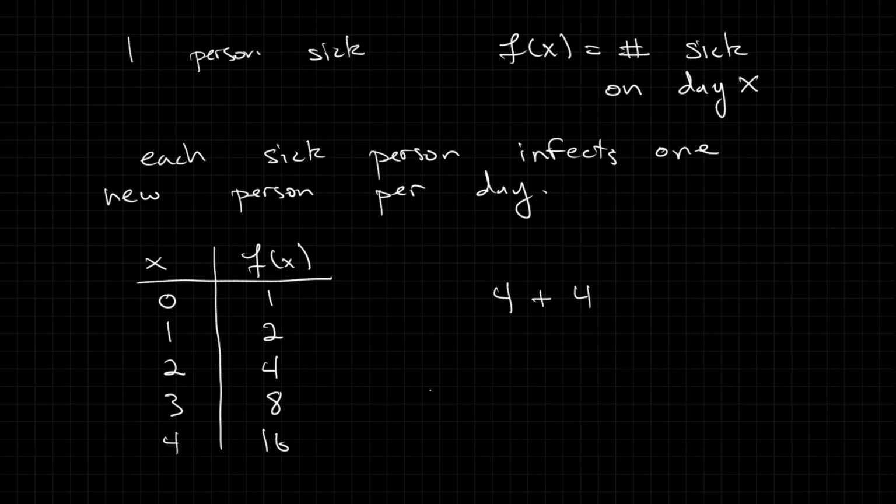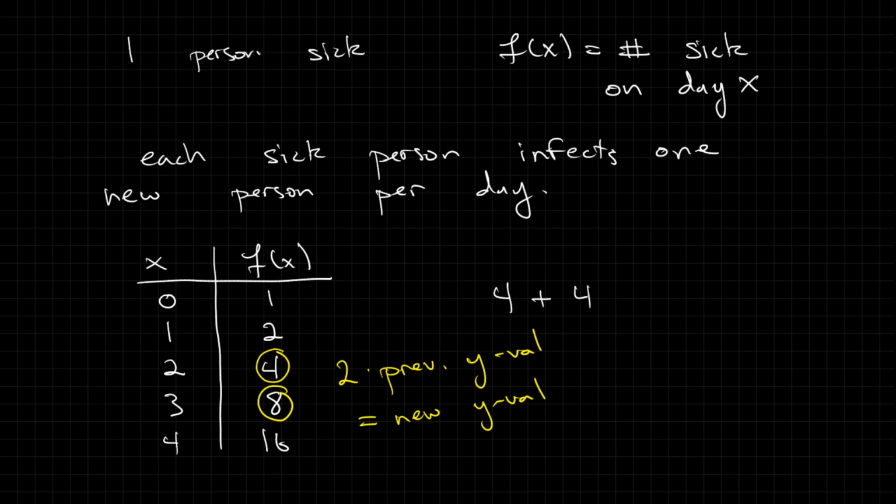And the important thing to notice here is that the change between 2 y values is a number times the previous y value. So the number here happens to be 2, but depending on the circumstance, you might have a different number there. So 2 times the previous y value is the new y value.